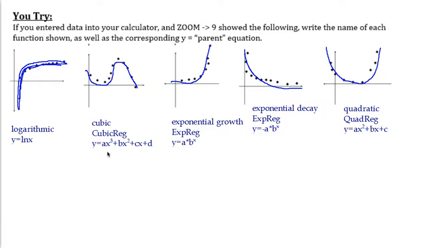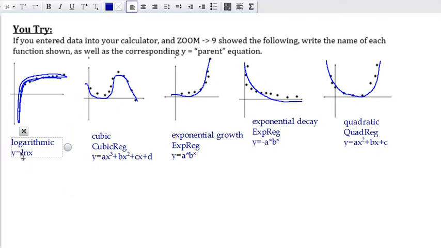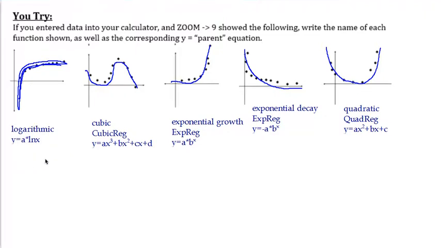We usually ask you to round to 3 decimal places, okay? Oh, and come to think about it, this logarithmic probably has an A in front of it, most likely. Okay. So make sure that you can recognize these. If you do a Zoom 9, you can recognize, oh, I'm going to need to pick a cubic reg for that, obviously. Okay? All right.